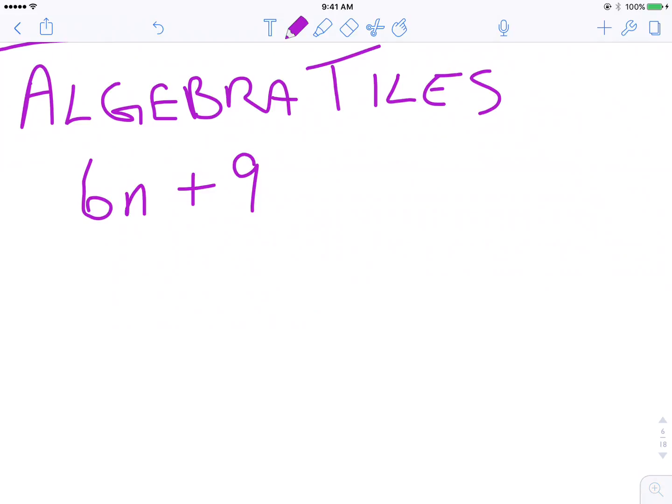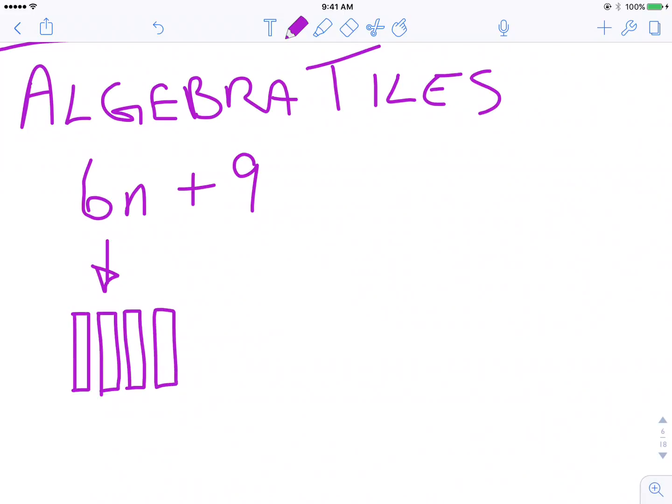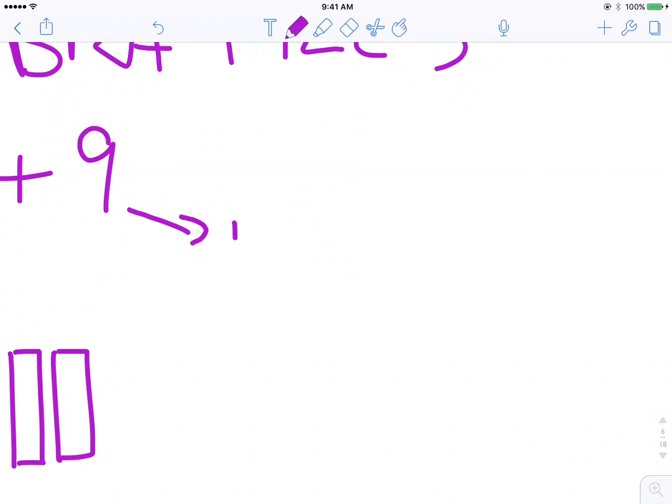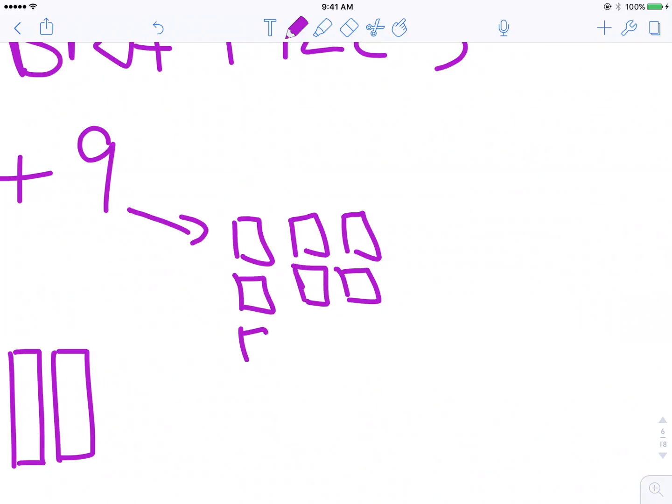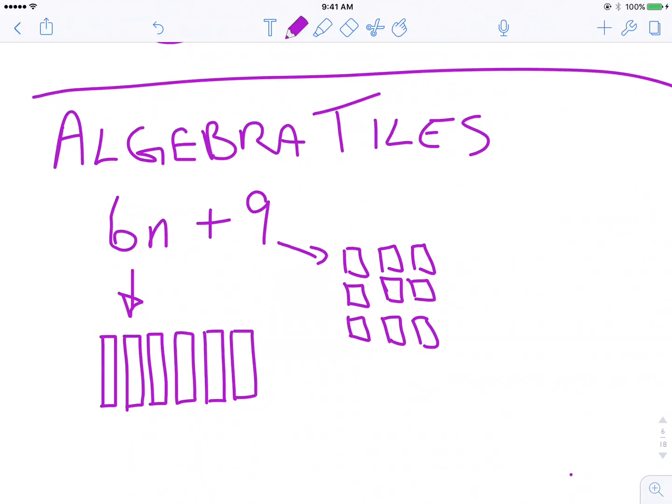I would take my 6n tiles, which would be 6 rectangles, and I would take my 9 small squares. 1, 2, 3, 4, 5, 6, 7, 8, 9. And assuming these are all positive, I'm going to shade them in just for fun.